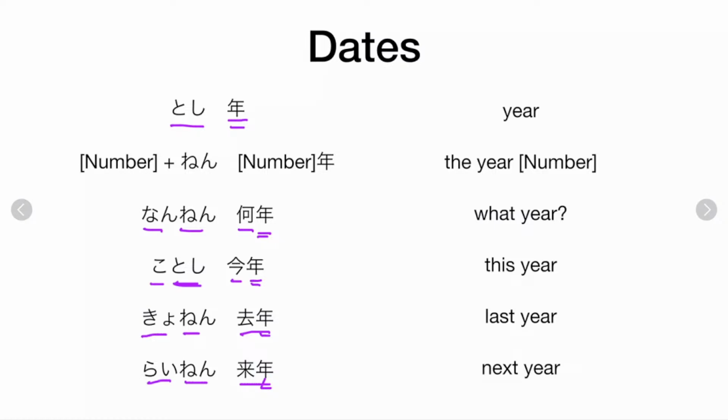Even though it's kotoshi, it's toshi, so that makes sense. And it's just nannen, kotoshi is this year, kyonen is last year, and rainen is next year. If you wanted to express a date using a year, it's just number plus nen. The same way that it was number plus gatsu for month, a year is number plus nen.